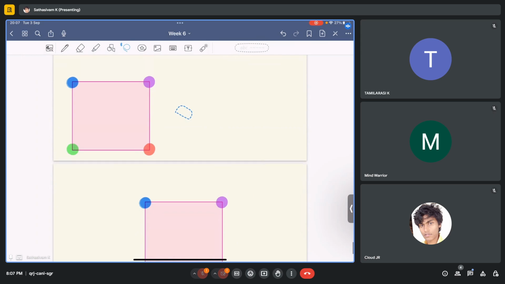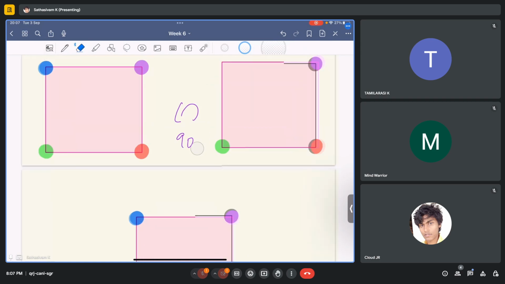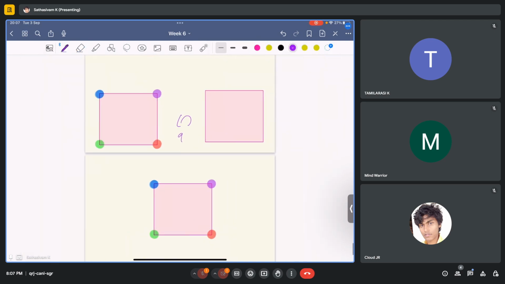If I rotate this image by 90 degrees, what you get is basically the same image, but now the colors are different.